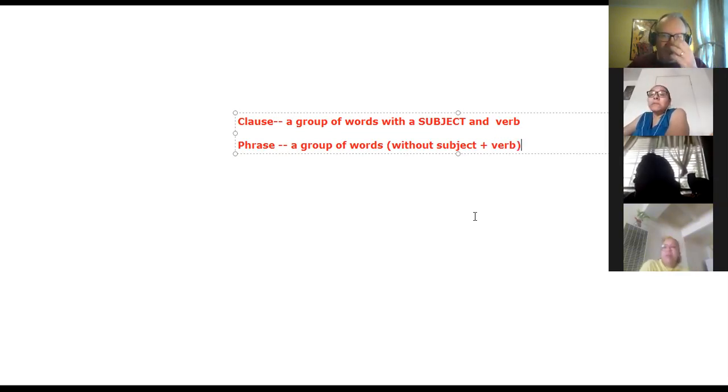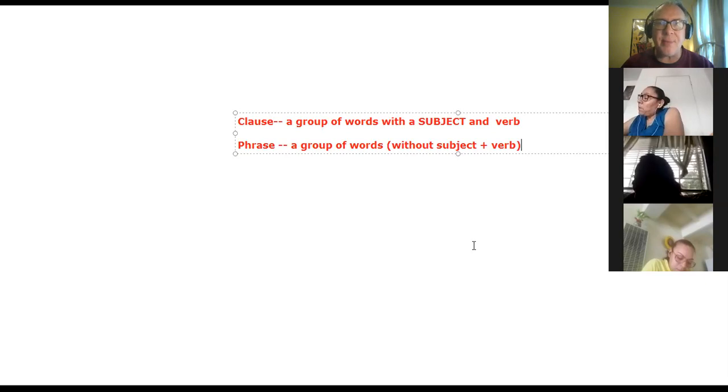And a phrase is a group of words without a subject and verb. Maybe you have a noun, maybe you have an adjective, maybe you have a preposition, but you don't have a subject and a verb. Clauses and phrases. All right, so that's going to be important.